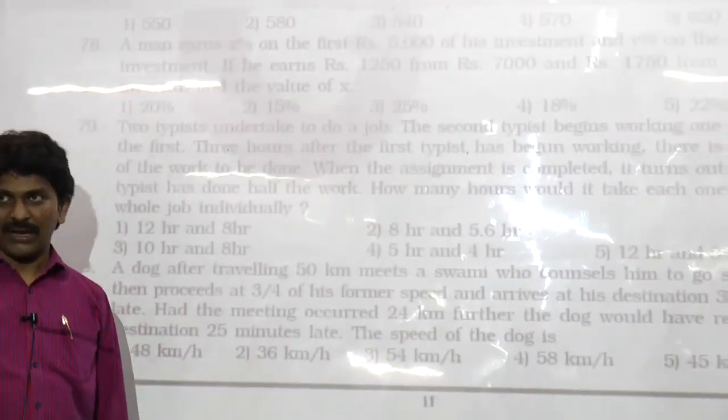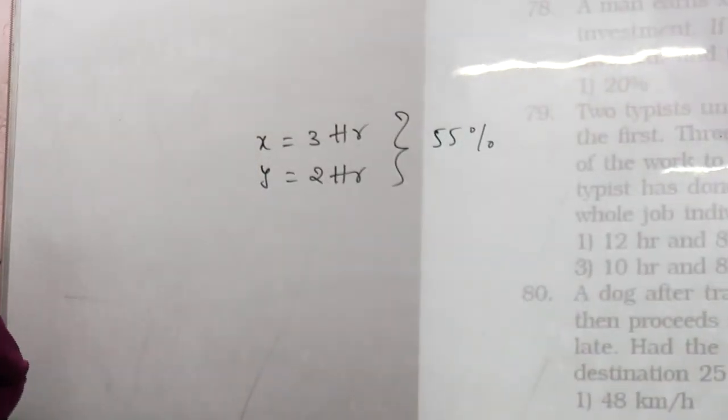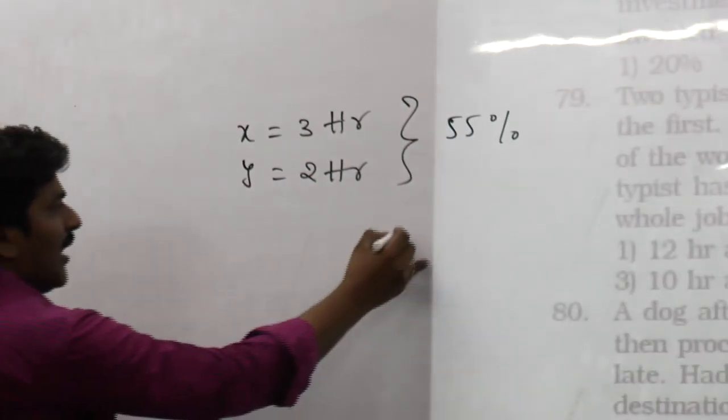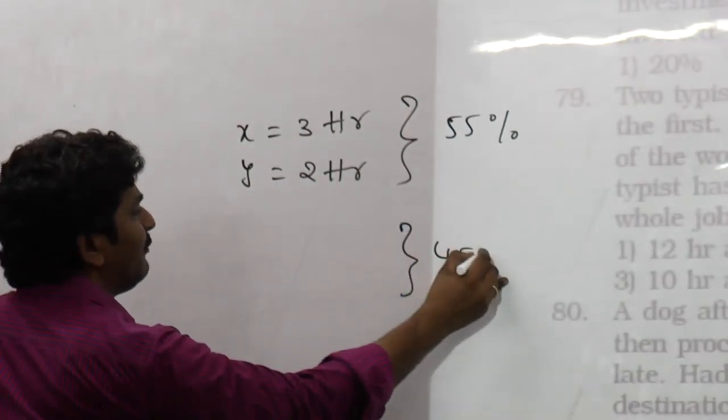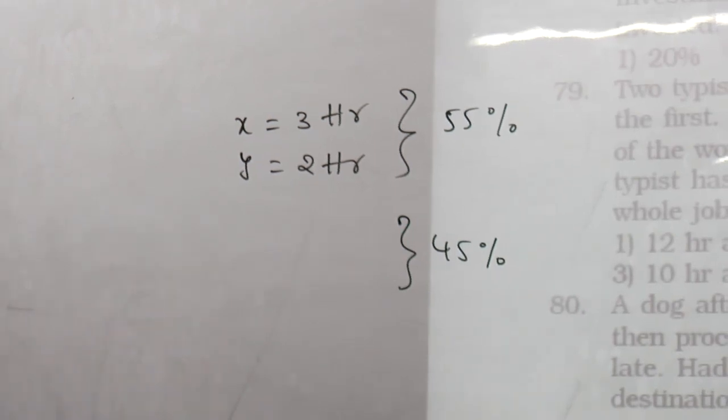There is still 9/20th of the work pending. So what is the work done so far? 11/20th. Can I treat it as 55% of the work? 11/20th, 55% of the work. And after that they need to complete 45% of the work. Am I right?